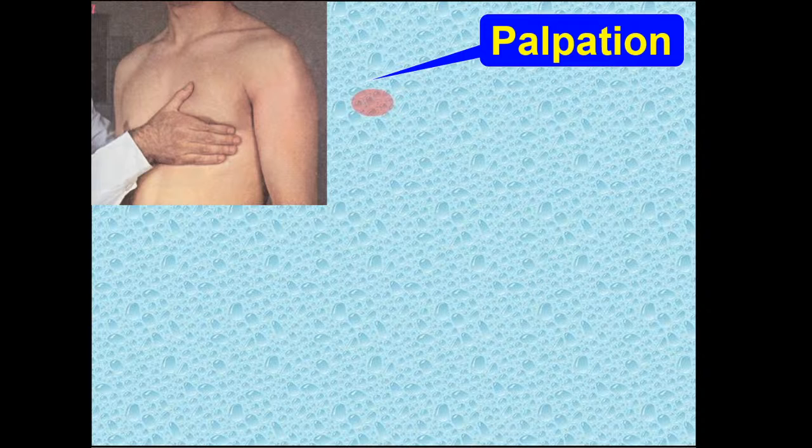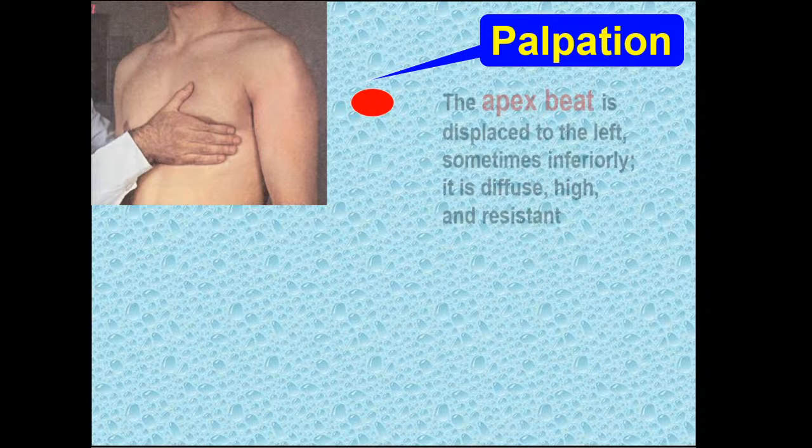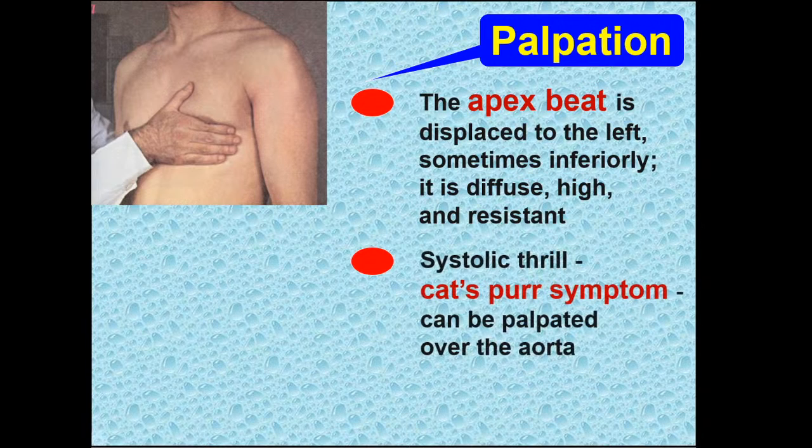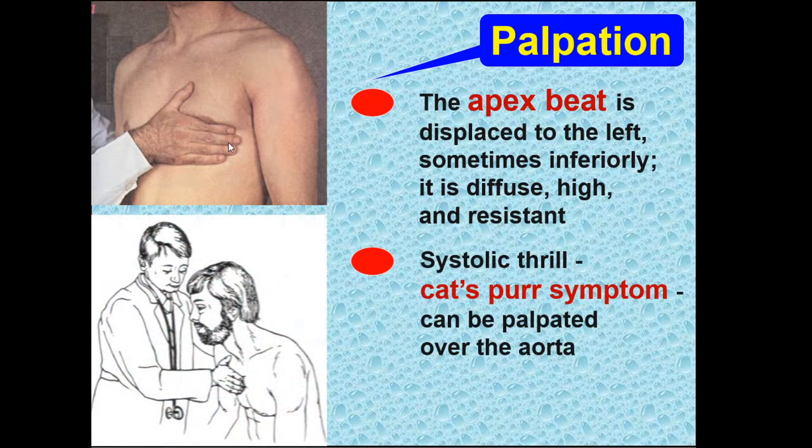On palpation, we will reveal a problem with the apex beat, which will be displaced, become diffuse, high and resistant because of hypertrophy of the left ventricle, and the specific Getspor symptom, which may be revealed over the heart base. We put our palm over the aorta and feel a specific systolic vibration.